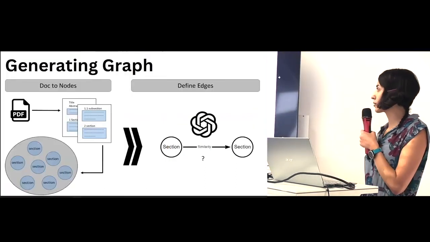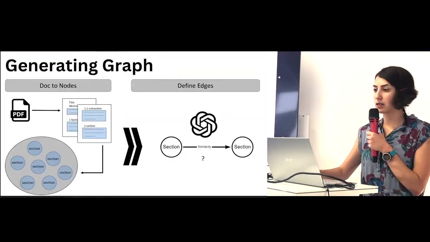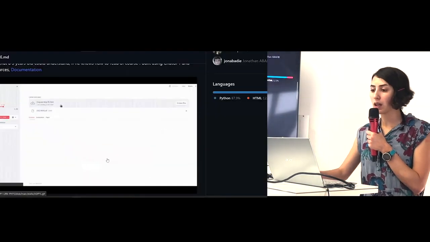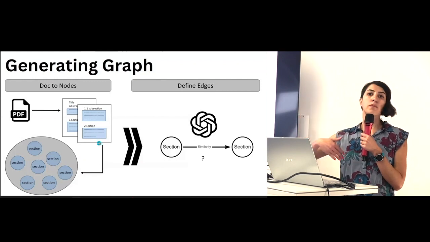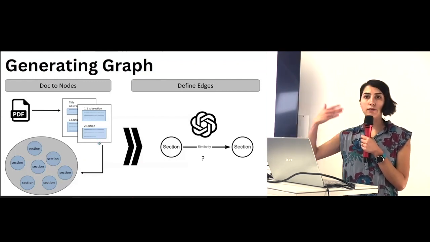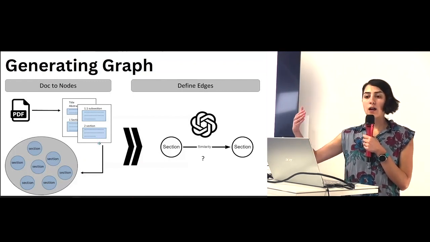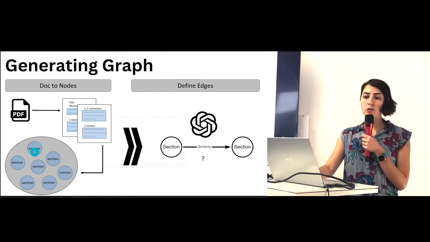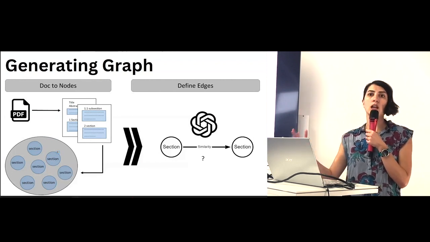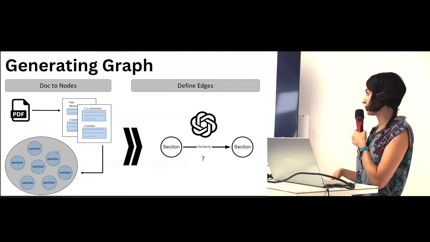But to explain a bit of how we are building these kinds of graphs that we have here, the main concept behind that is that we get one paper as a PDF file, and then we break it down into its sections. So one PDF will be converted to different nodes, and each node represents a section in this paper.